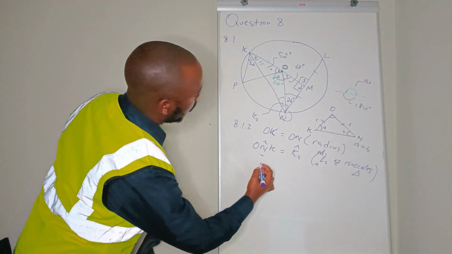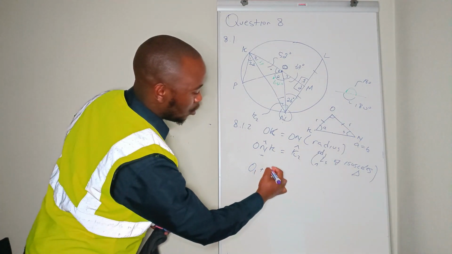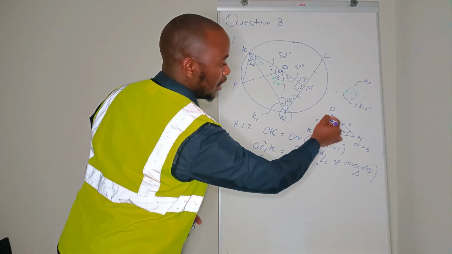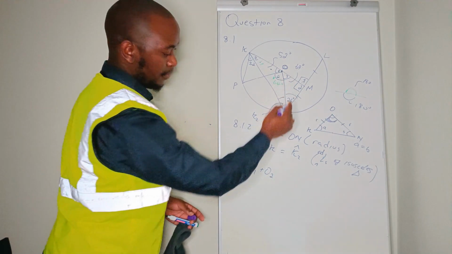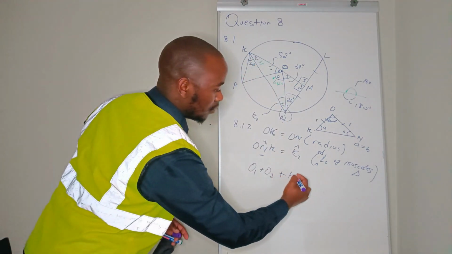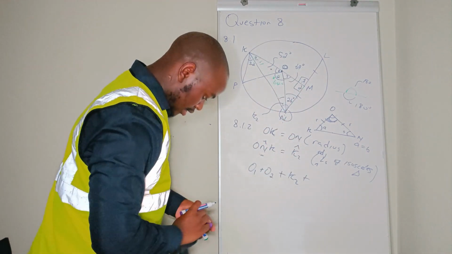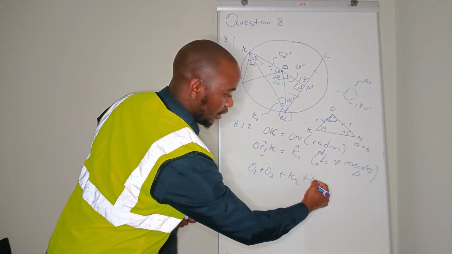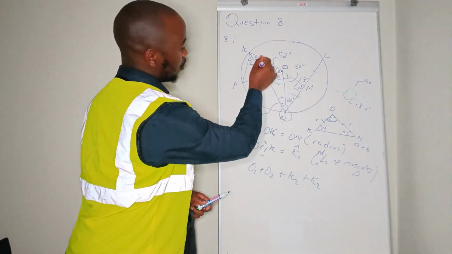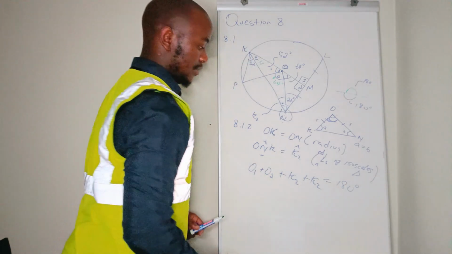So we already know that O1 plus O2 form this angle in here. If we add it to K2 and add it to angle OKN, which is literally your K2 again, because we said these two are equal, this should all be equal to 180 degrees.